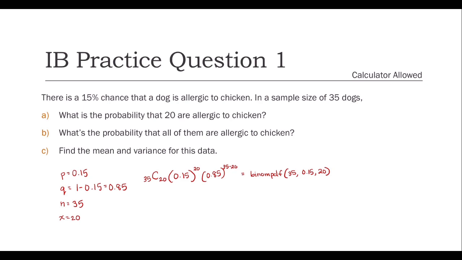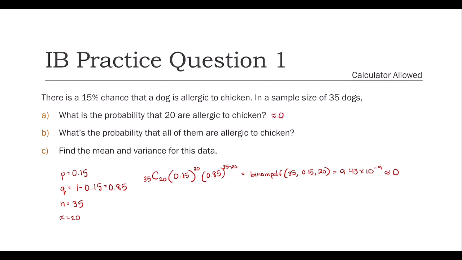Both of these ways would give you your answer of 9.43 times 10 to the negative 9. This is a really small number, so it's approximately 0. So the probability that 20 are allergic to chicken is approximately 0.